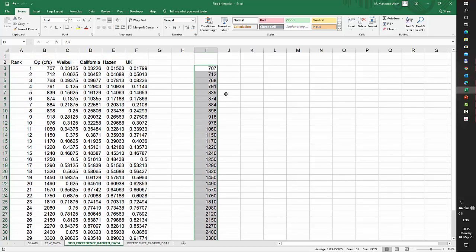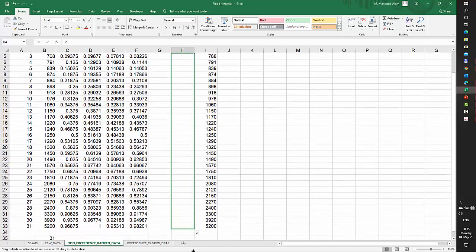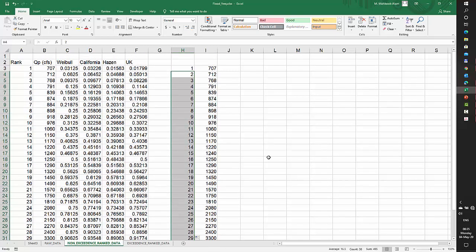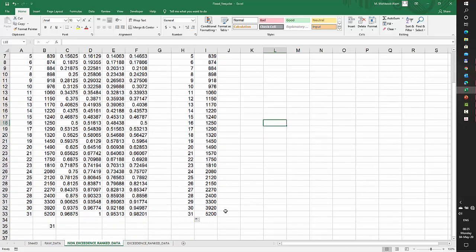Then on the left hand side I just write the ranks: 1, 2, 3, 4, 5, 6, 7, using fill series. So it gives me the first value, the second rank, the third rank in terms of ascending order, and the largest value has the 31st rank.